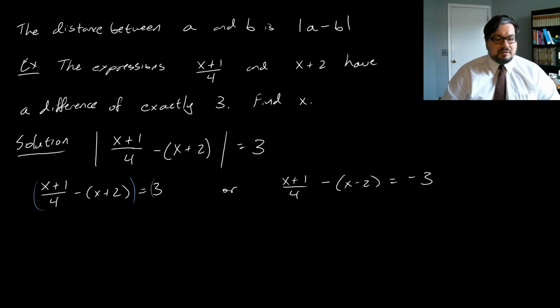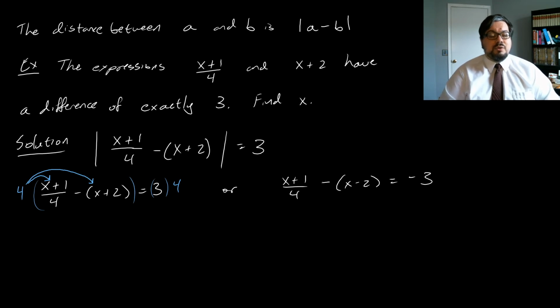As before, I see that I've got a denominator here, and so to make things easy, I'm going to multiply both sides by 4. Now be careful when you do this that you multiply your 4 by all of the terms on each side.